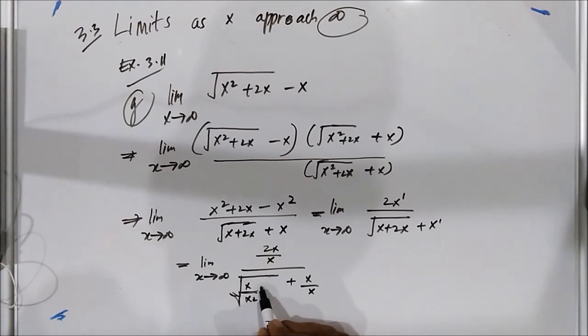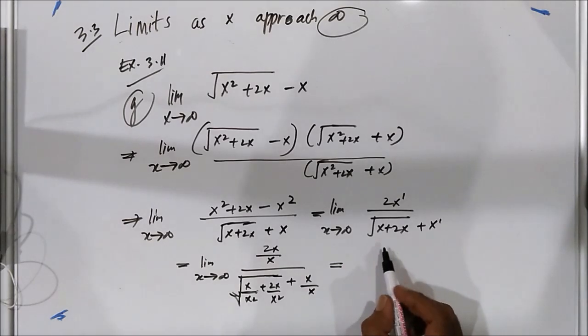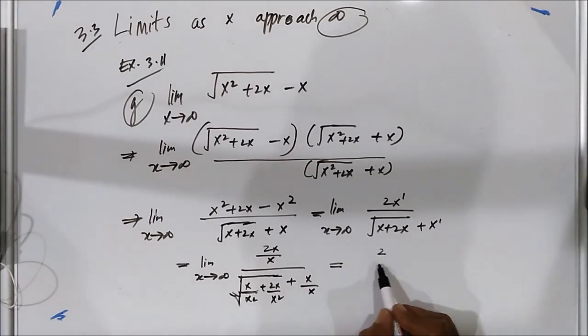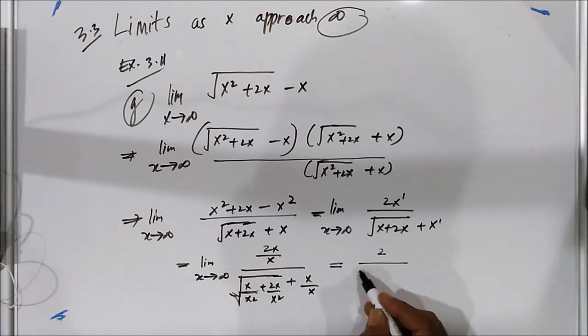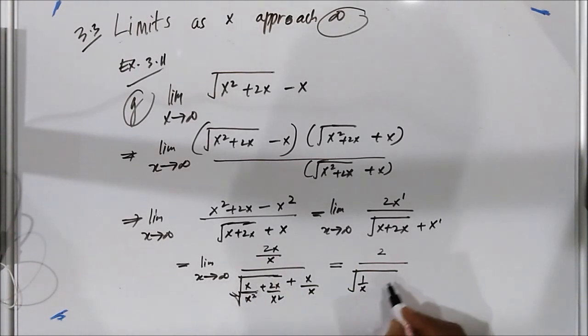Here is x squared plus 2x divided by x raised 2. This will give you 2x divided by x is equal to 2, over the square root of 1 plus 2 over x, x over x raised 2 is 1 over x.